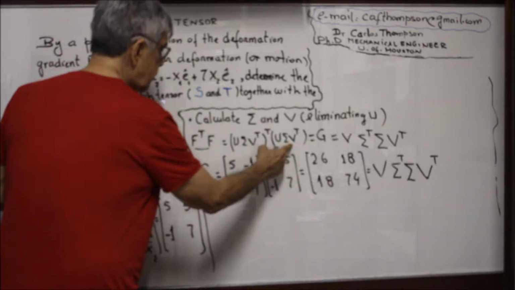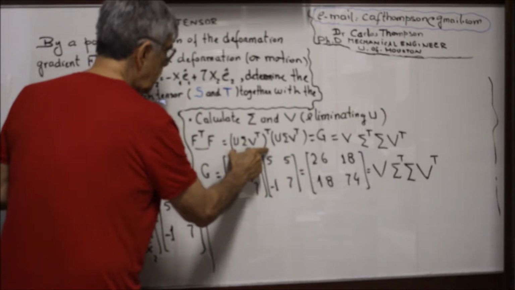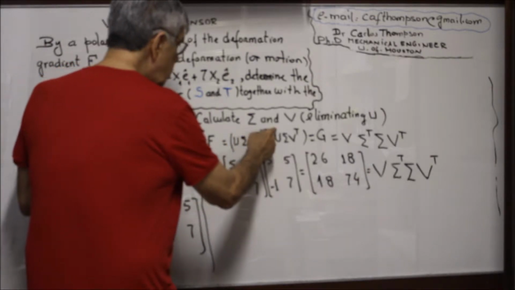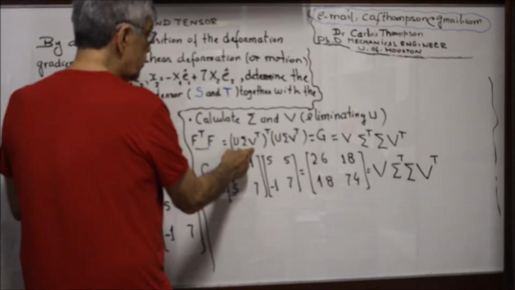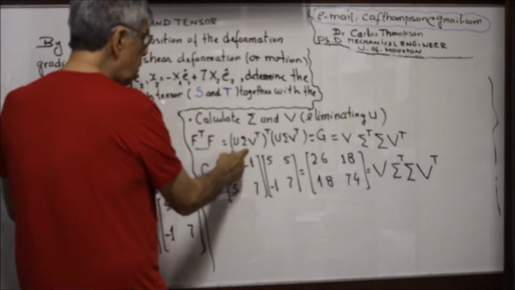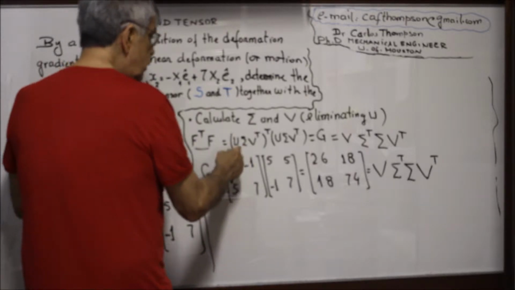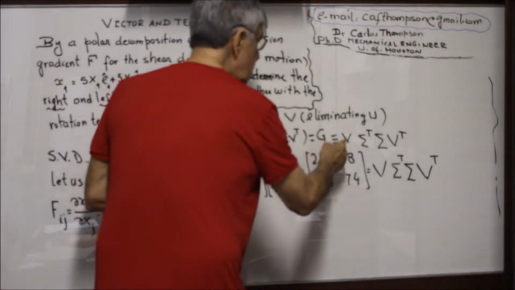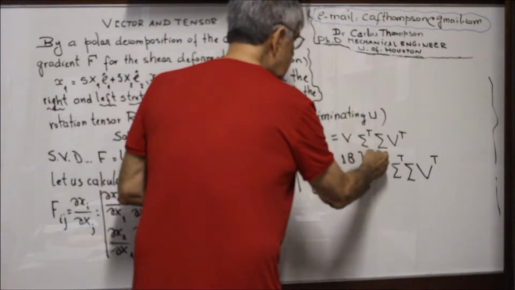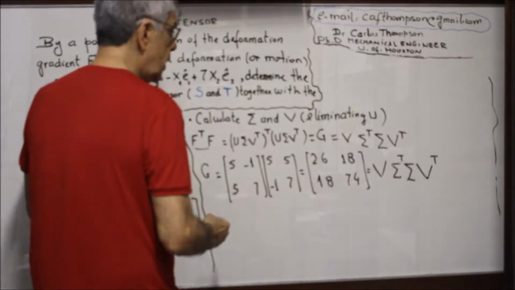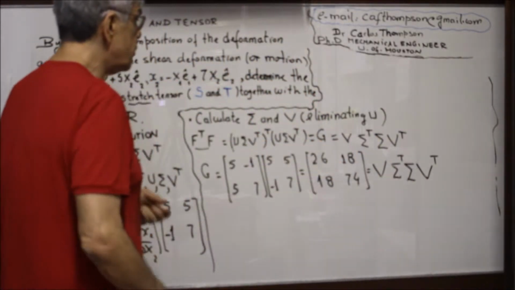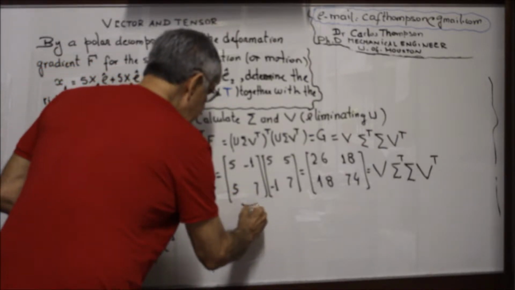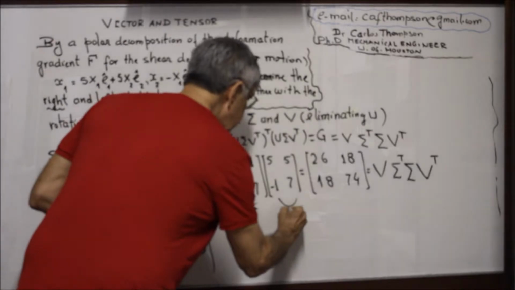F transpose is V sigma transpose U transpose, and F is U sigma V transpose. U transpose times U is I, so G is equal to V sigma transpose sigma V transpose. But we can also obtain G as F transpose times F.